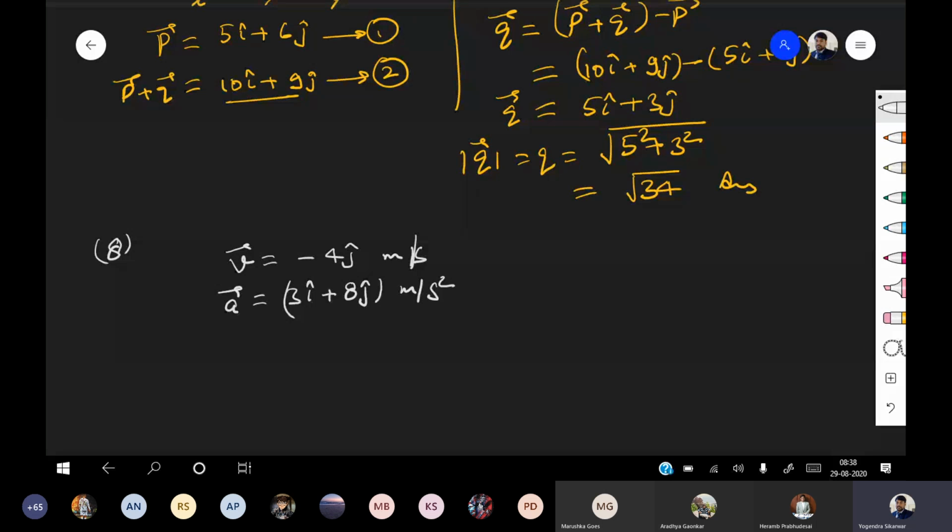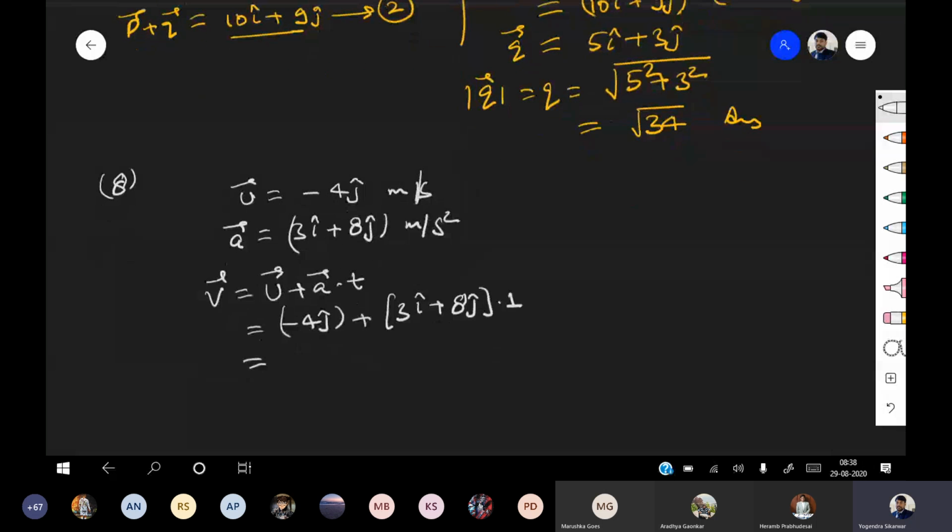So if you take the initial velocity as u vector, then v vector is equal to u vector plus a vector into t. Because acceleration is constant, we can apply this formula. U is minus 4j, mind it, plus a is 3i plus 8j into t, that is 1.